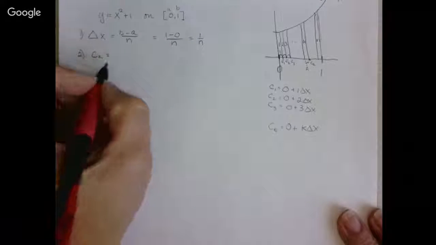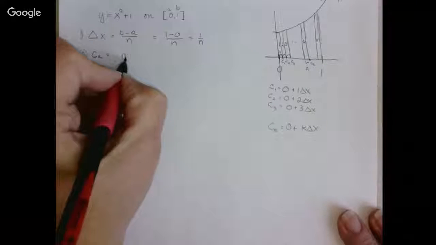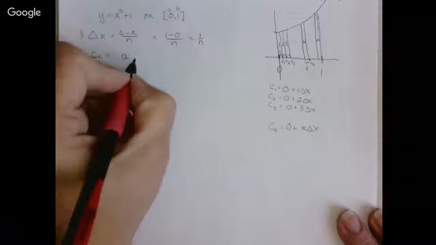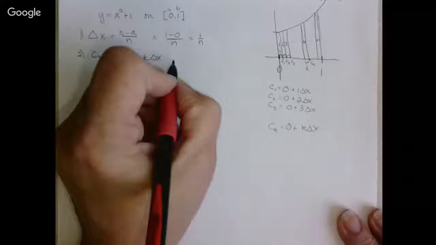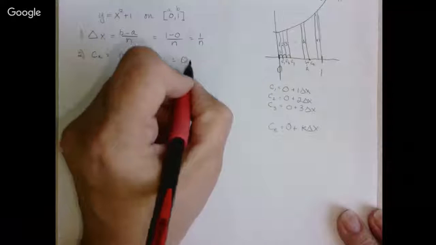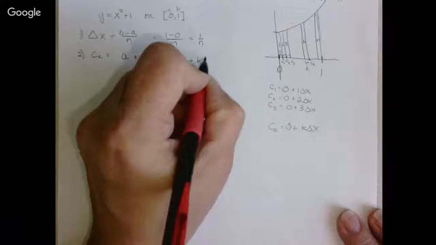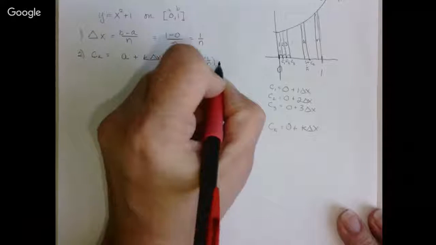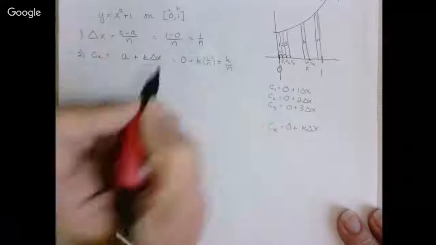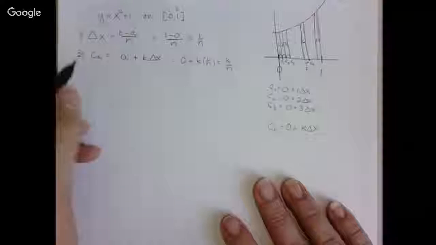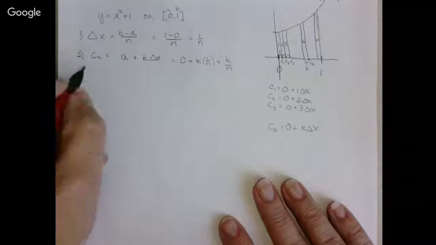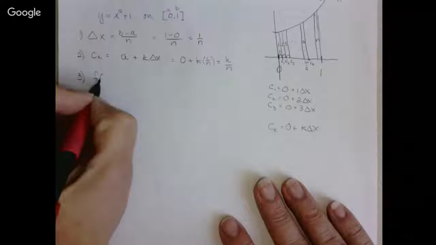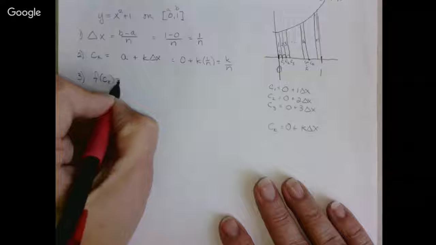And so our formula for C sub k is start at the left endpoint and add k delta x's. In our case, it is 0 plus k times 1 over n, and so we just get k over n. The next thing I need to do is find the height of my box, and that is f of C sub k.